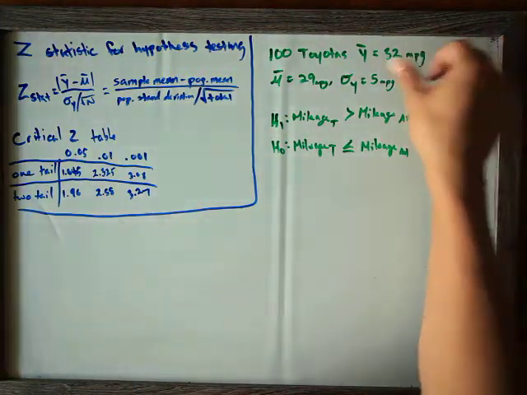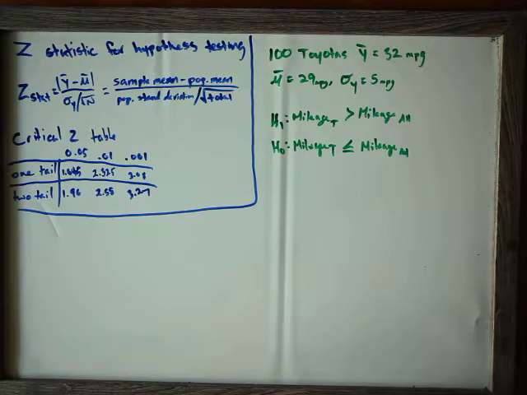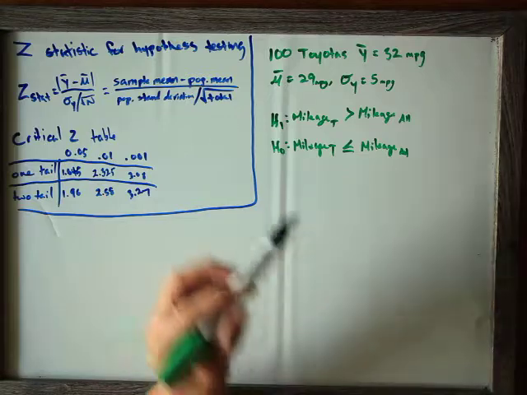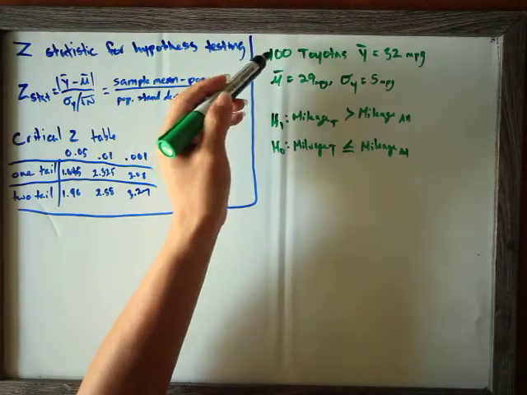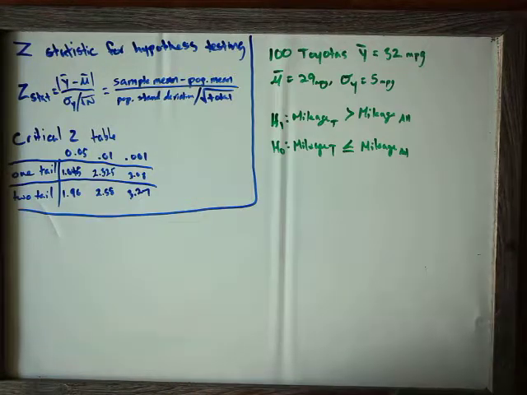You're looking at these two numbers, 32 miles per gallon and 29 miles per gallon, and you're saying, well, obviously 32 is higher than 29. However, we need to make sure that this greater number isn't just due to sampling error. What if we chose 100 Toyotas and those just happen to be the most gas efficient Toyotas? We don't know.